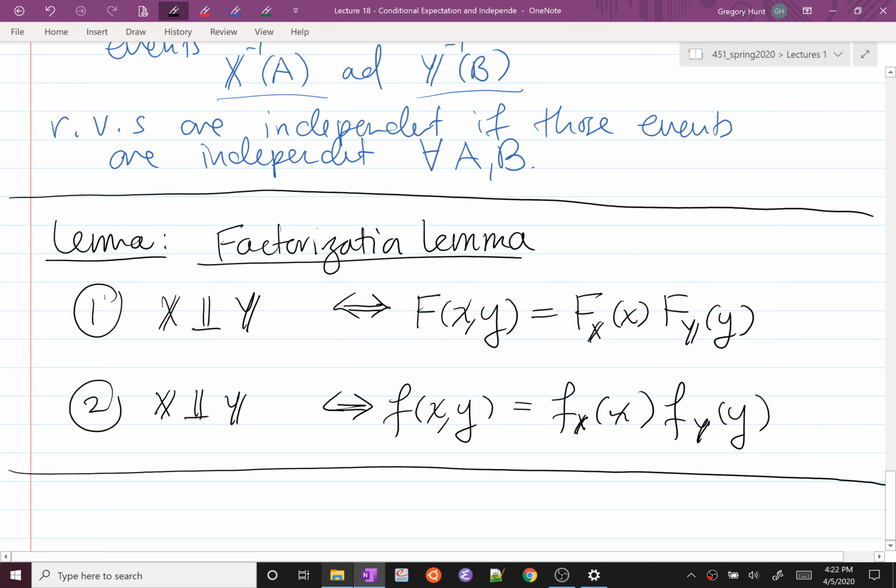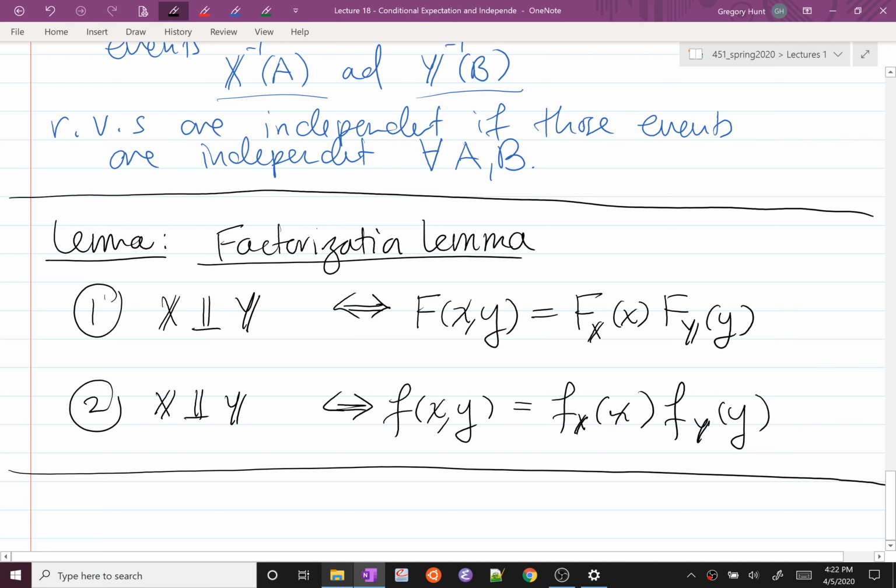And if they're independent, I can factor my joint PMF or PDF as the product, and lo and behold, I'll get cancellation. And similarly, f of x given y is the same thing as f of x.